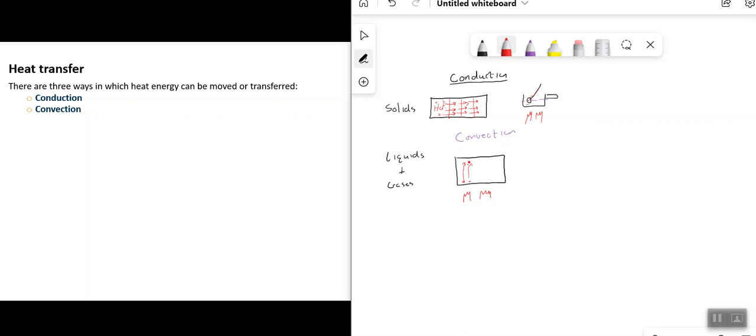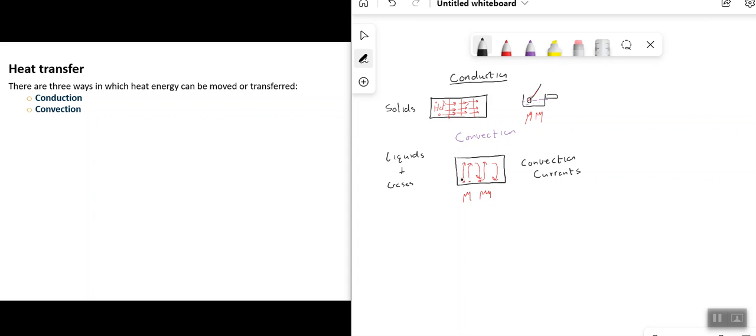When they get to the top, they start to cool, so they fall back down again. Then the heat gives them more energy and they rise back up again, then cool and fall back down. So what's happening here is you're getting these things called convection currents.